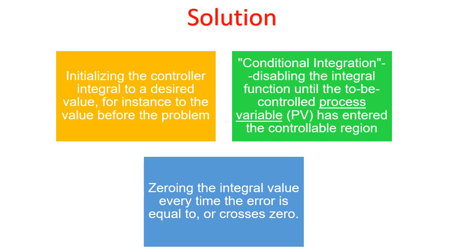Another way is to use conditional integration, that is, disabling the integral function until the process variable to be controlled has entered the controllable region. And third is zeroing the integral value every time the error is equal to or crosses zero. Don't worry if you are not understanding the solutions properly through these lines. We'll explain with the help of an example.